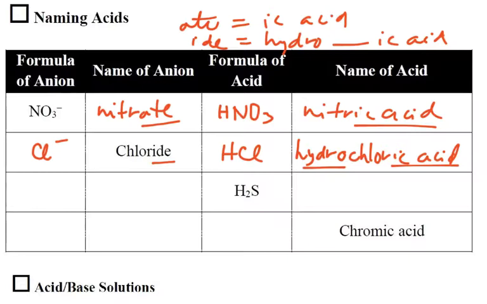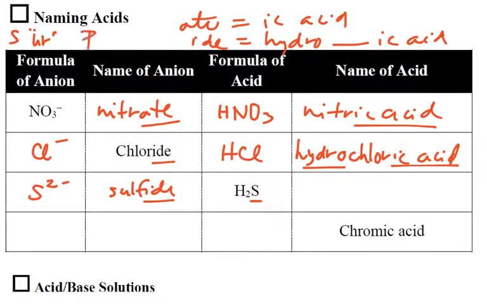Okay, H2S, we have to work backwards now. Okay, we know that there's two H's. That means that S must be 2 minus. And if we know our ions, we know that that is called sulfide. So sulfide is hydro-ic acid. But because it's got a sulfur in it, okay, then we're going to add a UR just to make that sound good. So sulfurs, we're going to put in a UR.